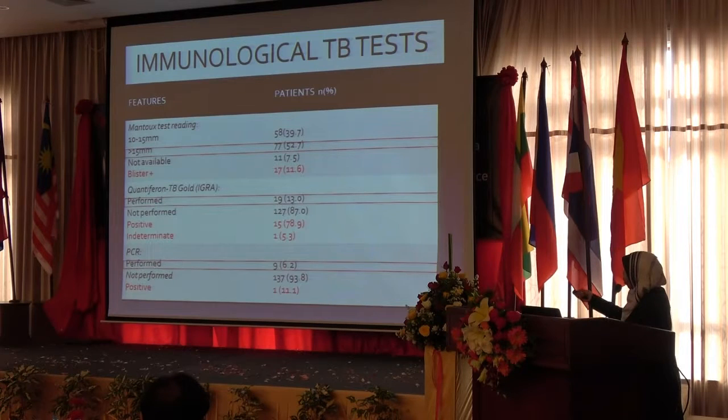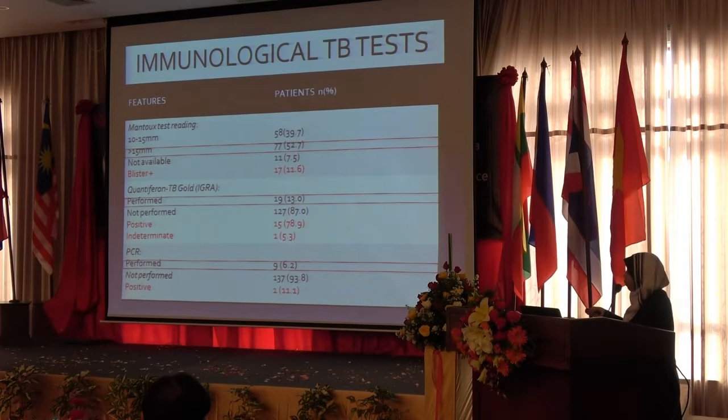All our patients, 100% of those included in this, had a MEN2 test of 10 millimeters or more, and about 52% had a MEN2 of more than 15, and only 19 patients we could afford to do the highly specific IGRA test.